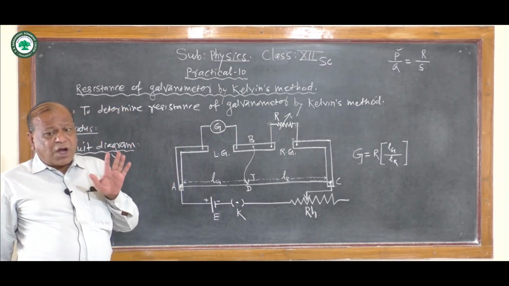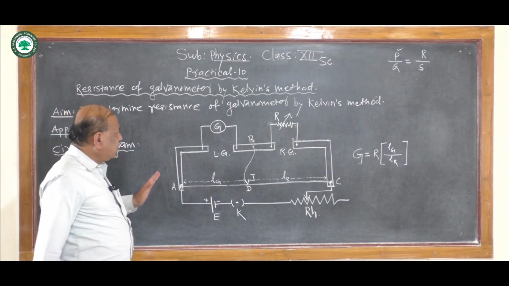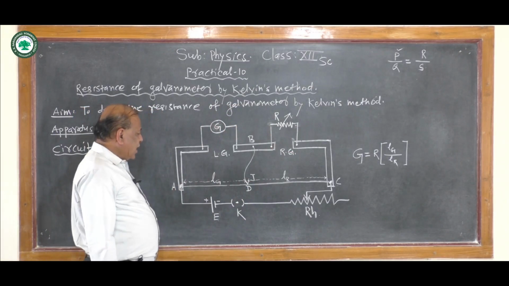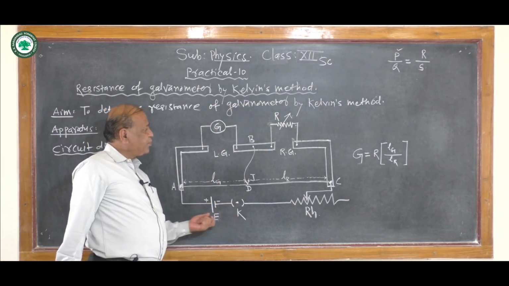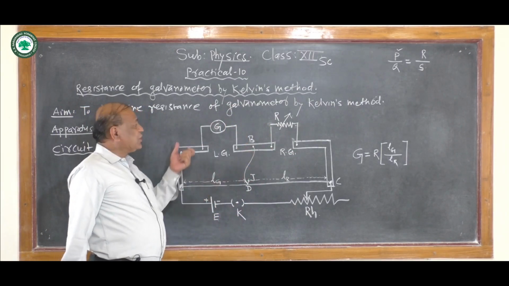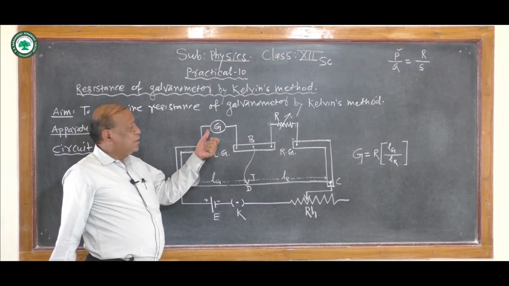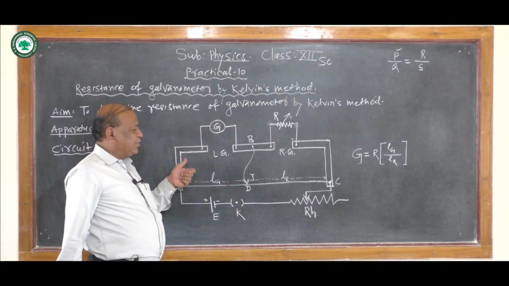Then how do we take the balancing condition here? Making the circuit arrangement like this one and closing this key K, the galvanometer directly shows some deflection, whatever it may be. Suppose it is 20 divisions, right or left.